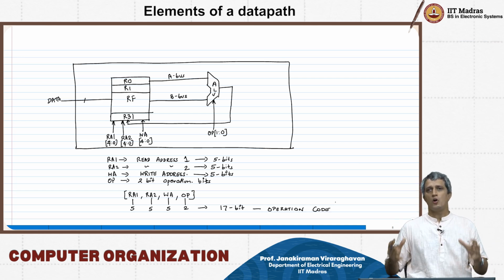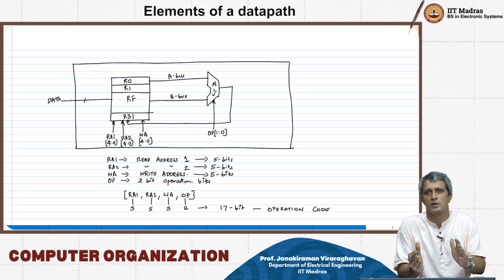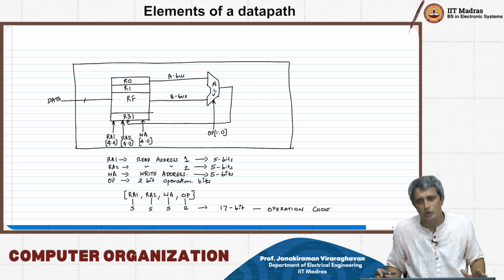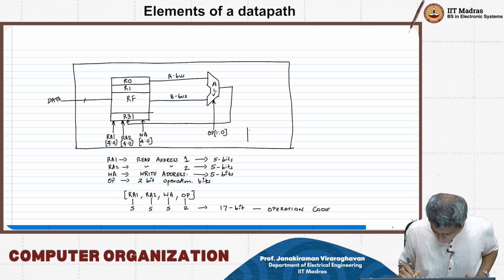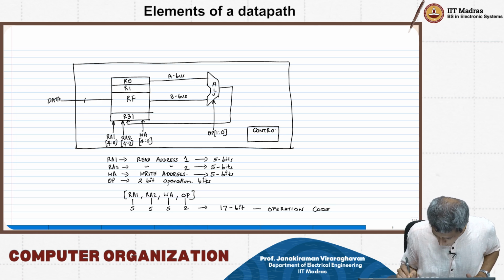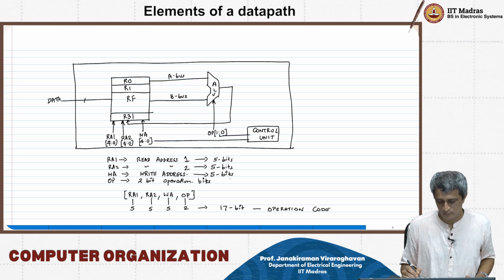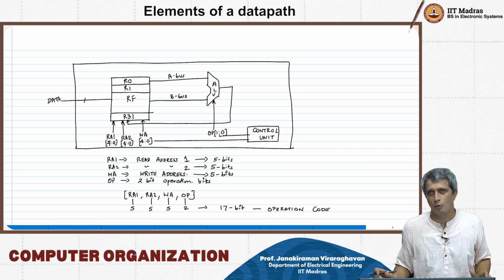An operation code that uniquely tells me what is the operation that needs to be performed in the processor in that one clock cycle. Of course, in the next clock cycle I can always change that. Now usually there is a control unit that is going to generate all these for you, the RA1, RA2, WA and all that stuff, along with the OP bits.